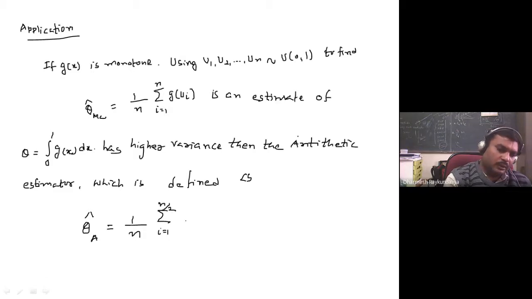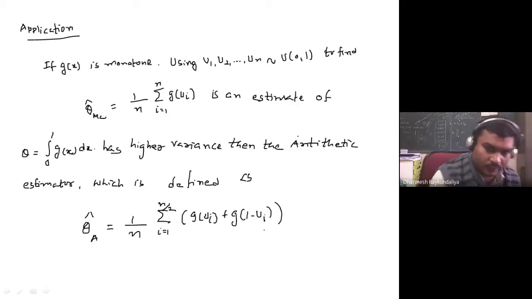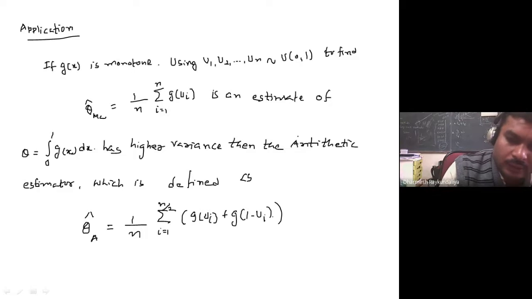So we will generate 50% as G of ui, and for the other 50% we will take G of 1 minus ui. So let us say this is x and this is y. What we say is that the variance of x plus y is actually less than the variance of x plus the variance of y. So we will prove next that variance of theta A cap is less than the variance of theta MC cap. That is all I have said. So this is nothing but the antithetic estimator, the form of the antithetic estimator.